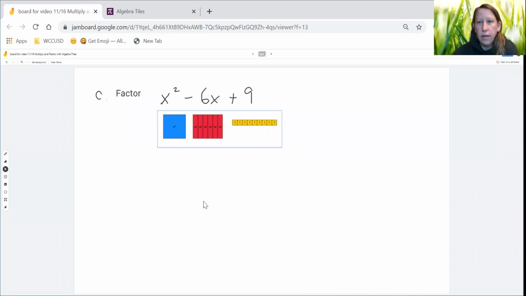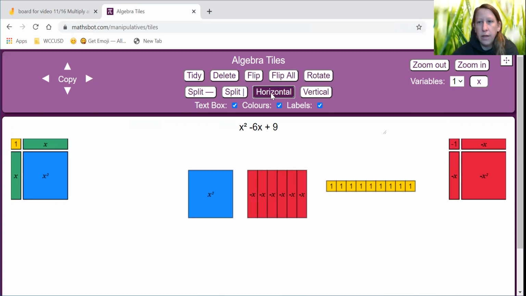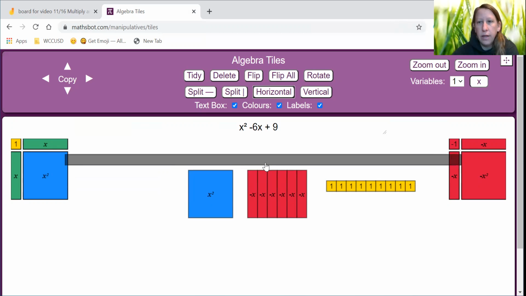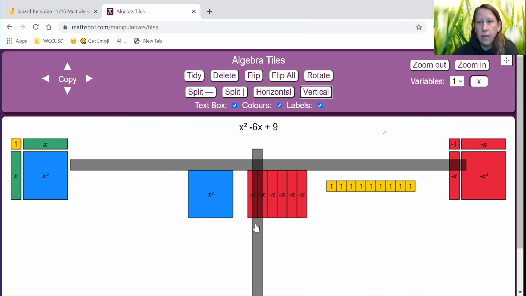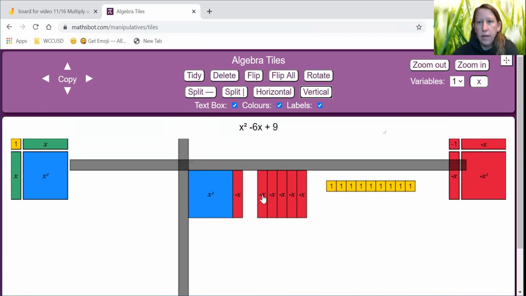And what's next? What do I do next? Good. I'm going to build them into my rectangle because this is the answer. This is the area, and I want to know the sides of the rectangle. Okay, I'm learning that these go here. And again, I could try to put all these next to it, but these actually are going to go diagonal from the x squared.